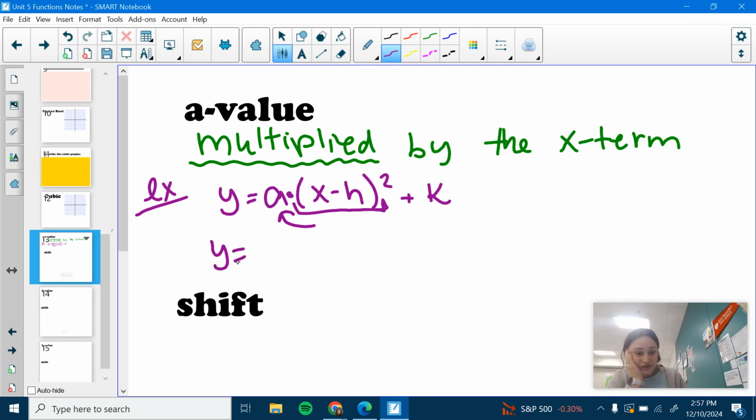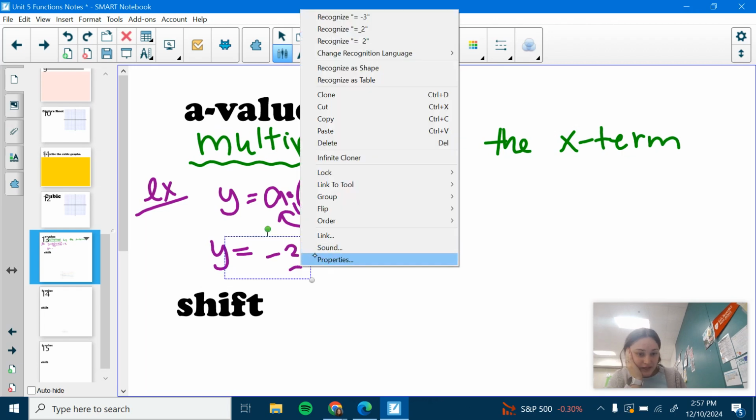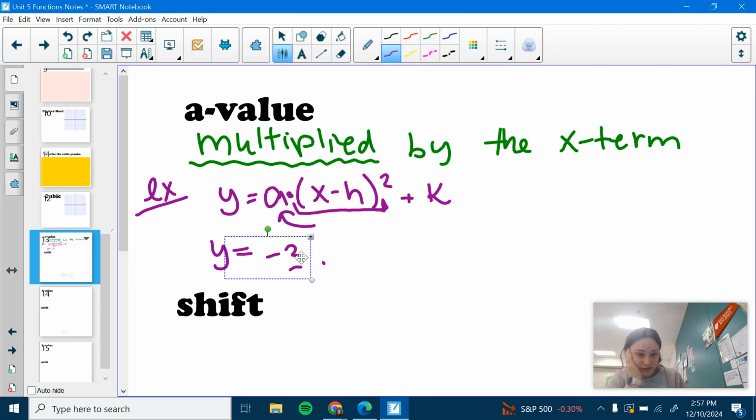Another example, if I use numbers, is if I had y = -3 + 2(x - 5) squared. Now here my a value is a 2.